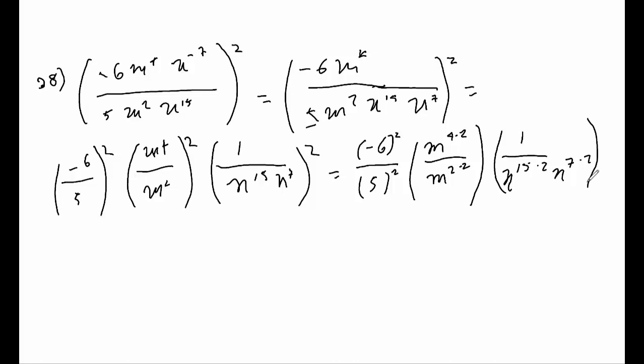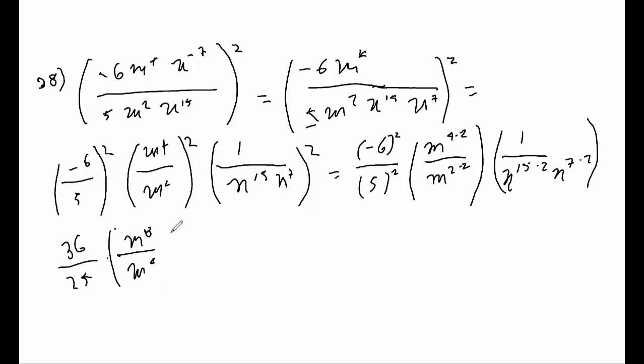So here on top, I will get negative times a negative 6 is a positive 36. Divided by 5 squared is 25. Then I will get m to the 4 times 2, so that's going to be m to the 8th divided by m to the 4th.